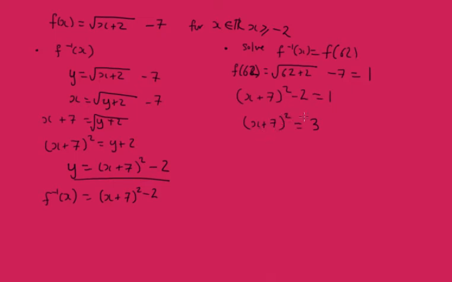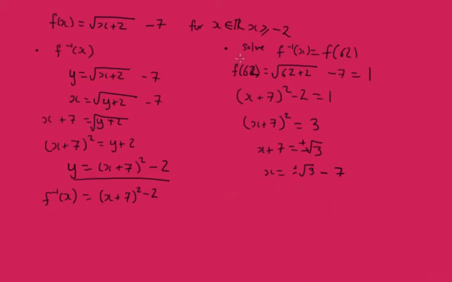Now we just take the square root, so x plus 7 equals the square root of 3, and that'll be a plus or minus. Remember, when you take the square root of a number, it's plus or minus. So this will happen when x is plus or minus the square root of 3, minus 7.